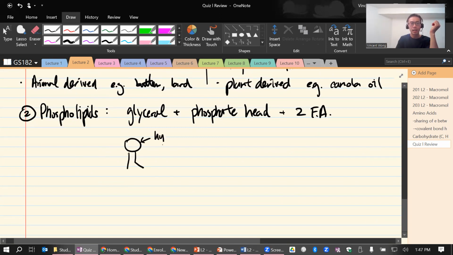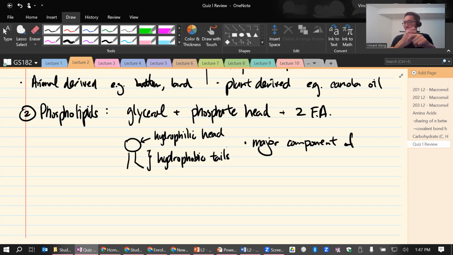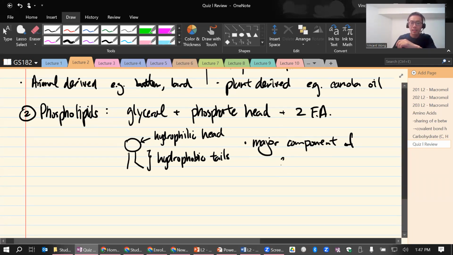Okay, that's the hydrophilic head and hydrophobic tails. And it's the major component of what? What do we use phospholipids for? Major component of the cell membrane.